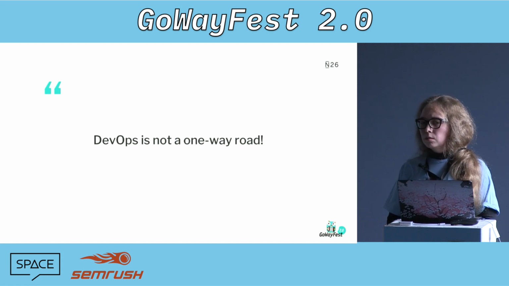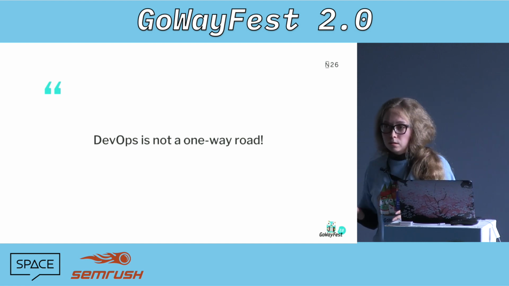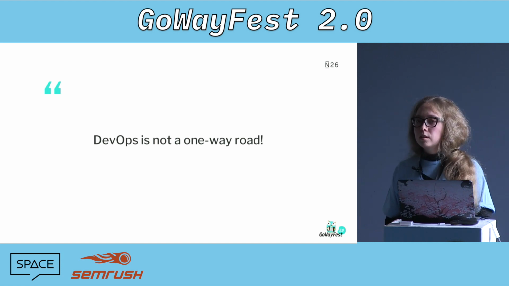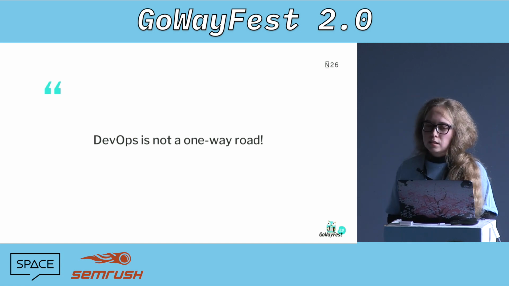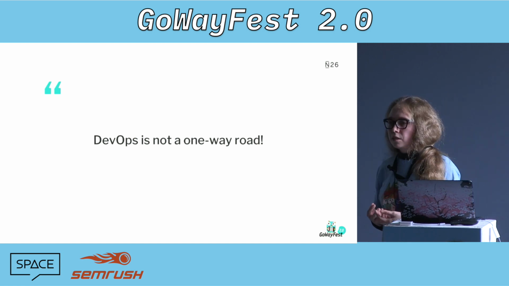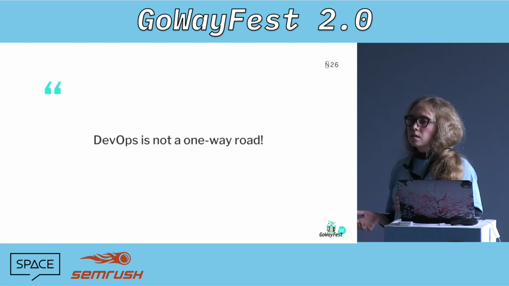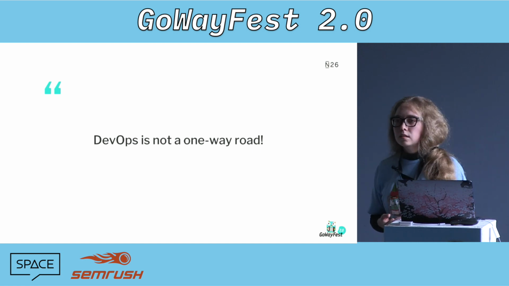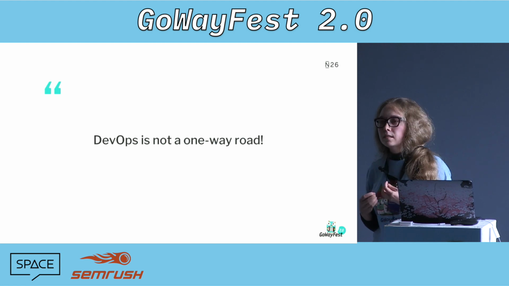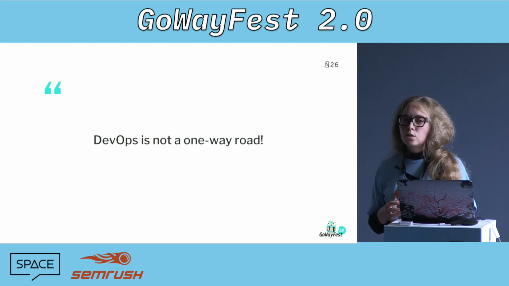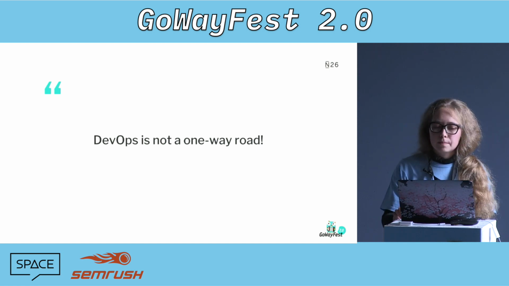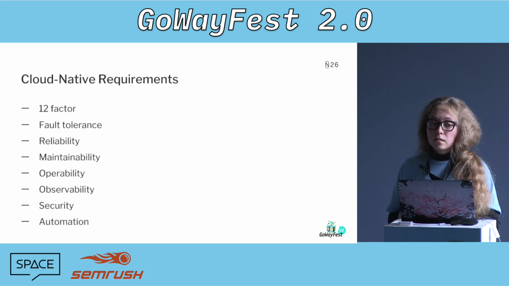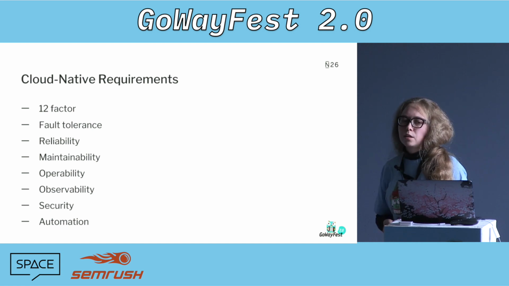Well, it's not true. DevOps is not a one-way road. And actually, the cloud-native world encourages developers to be more infrastructure-friendly and more interested in infrastructure. For example, with self-healing and fault-tolerant applications, developers can take the initiative to work on parts that were historically more infrastructure-based.